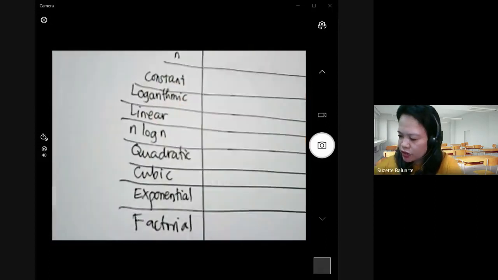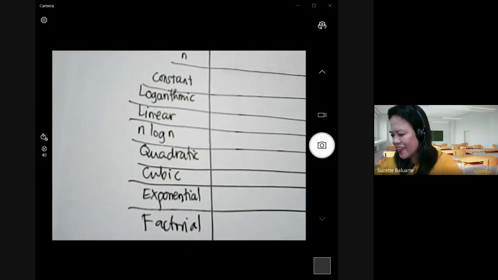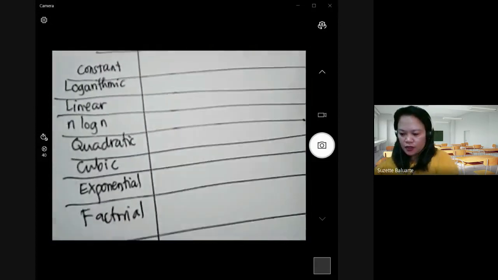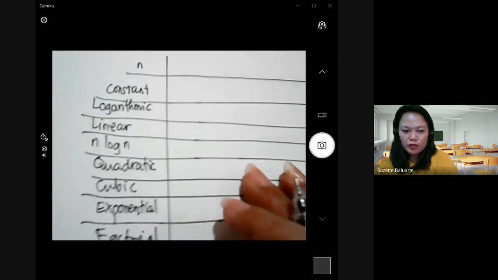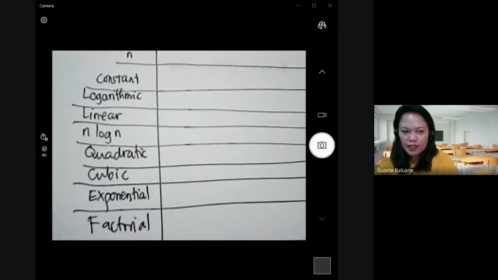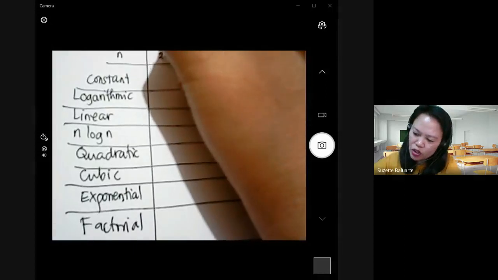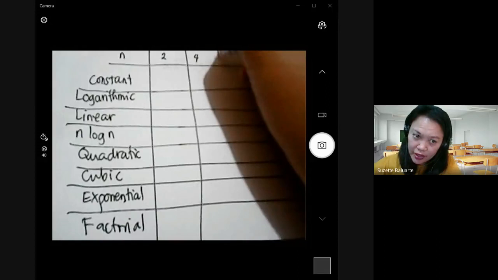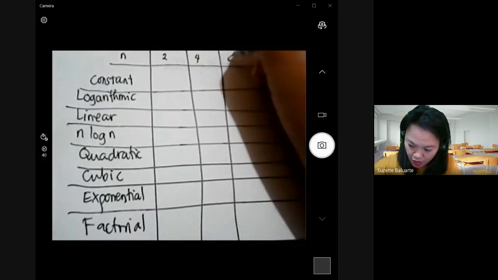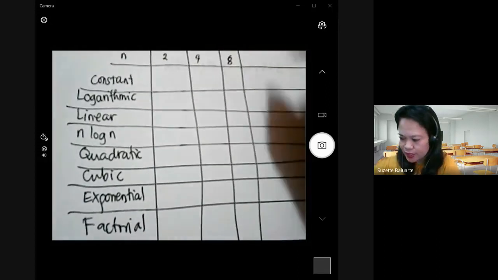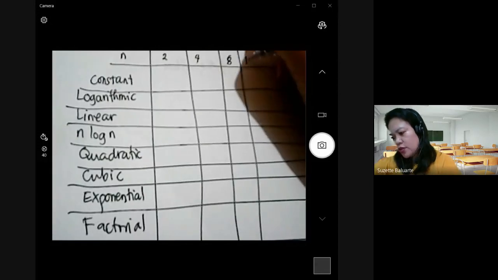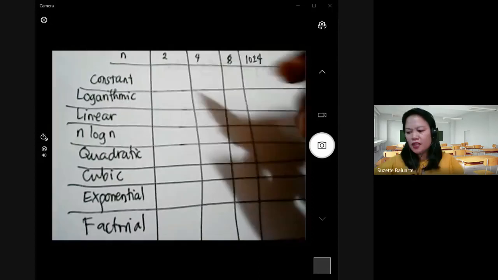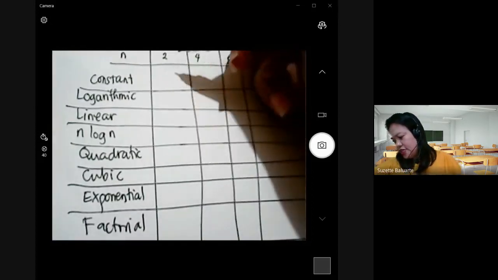So let's try to recall our mathematics here. So see, for example, your n here is 2, then 4, then 8, then let's say 1024. In constant, the value there is 1.